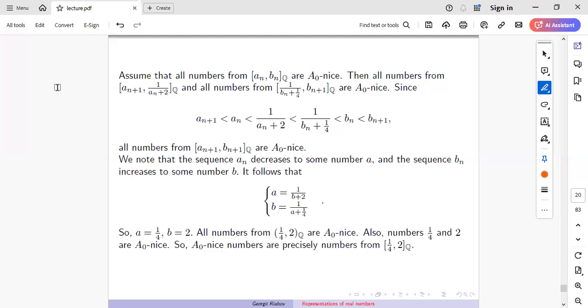And now what will we get when we continue with this procedure? The sequence An decreases to some number A. It becomes closer and closer to A. And the sequence Bn increases to some number B. And the definition of An and Bn imply that A is equal to 1/(B plus 2) and B is equal to 1/(A plus 1/4).